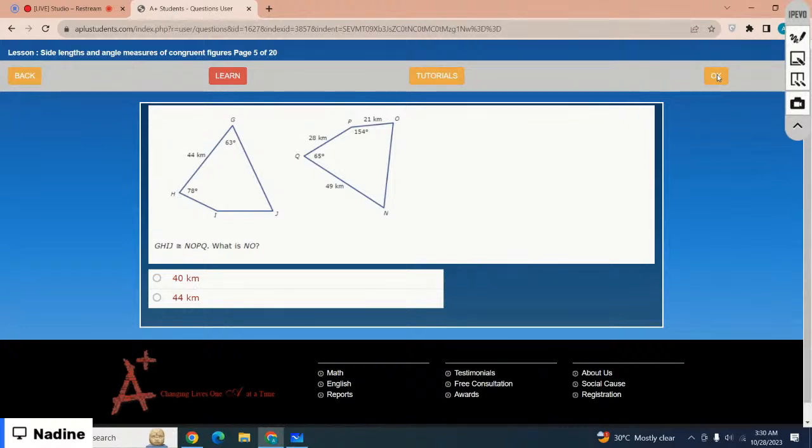Okay, NO is congruent to GH, right? And GH is 44 kilometer. That means NO is also 44 kilometer.